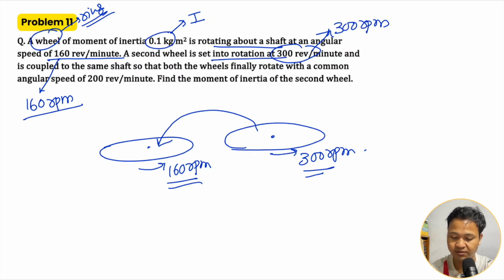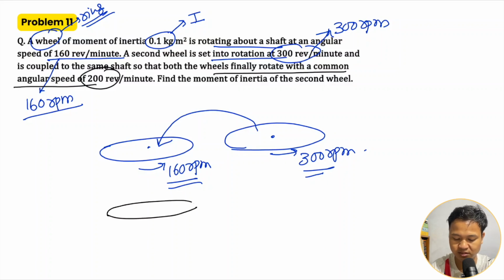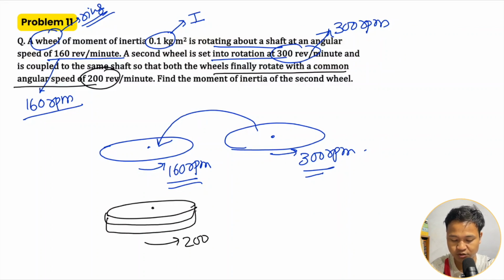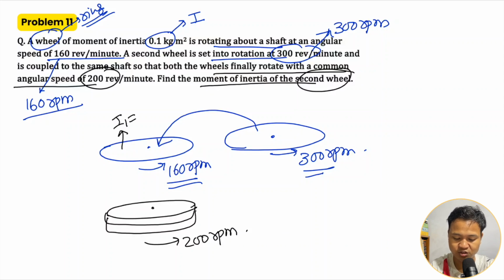So the question should be: when they finally rotate with a common angular speed of 200 rpm, find the final moment of inertia of the second wheel. The first wheel's moment of inertia is 0.1, and the second wheel's is I2. So we don't know it.